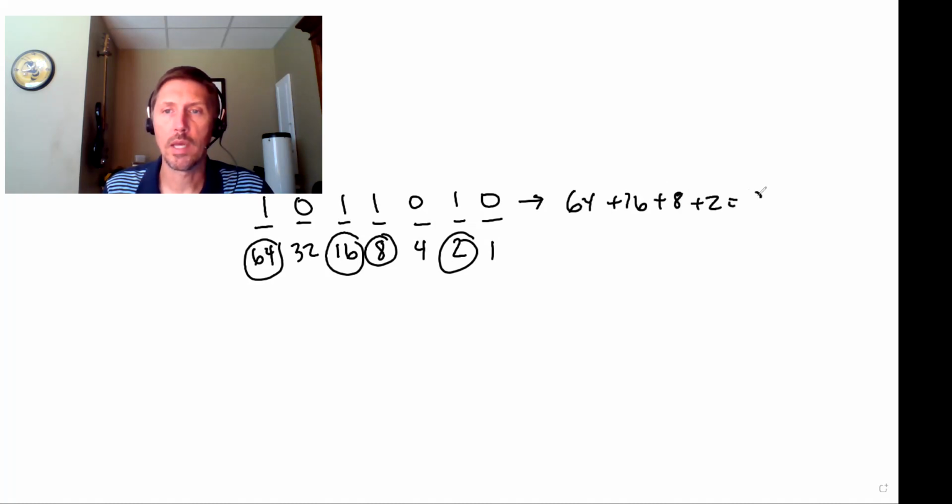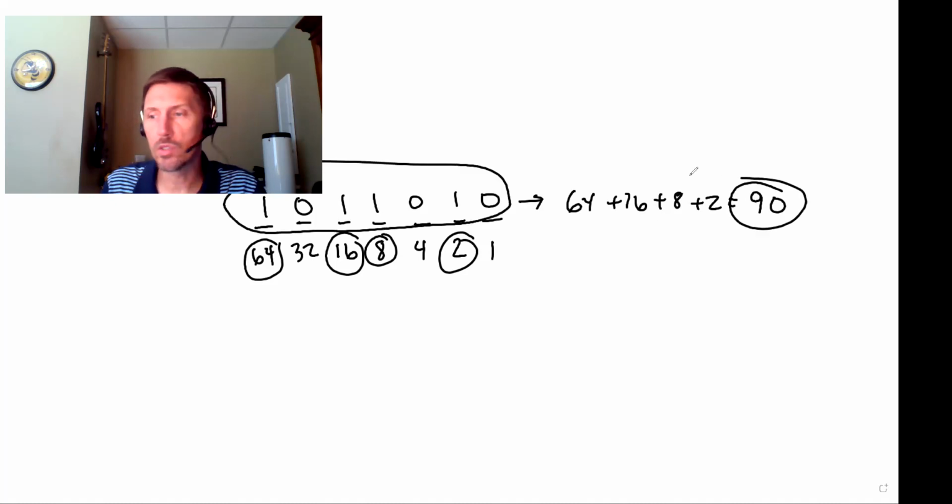When we add all that up, punch it in our calculator, we're going to get the number 90. So that's what this binary number would be in decimal form. It would be 90. So be sure that if I give you that on a quiz or a test, you know how to do that conversion, okay?